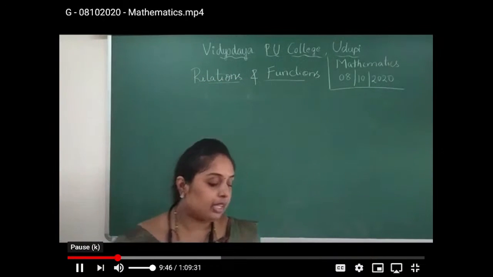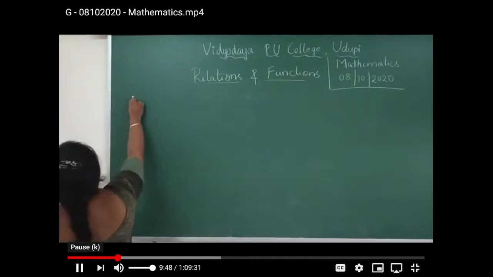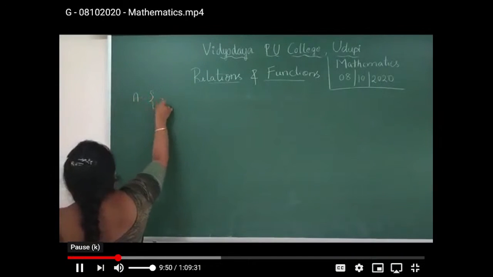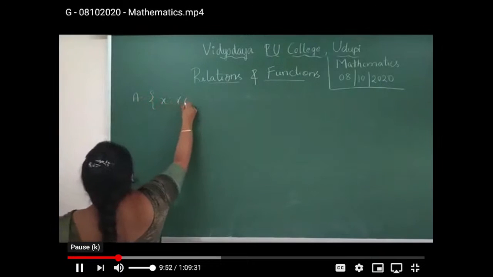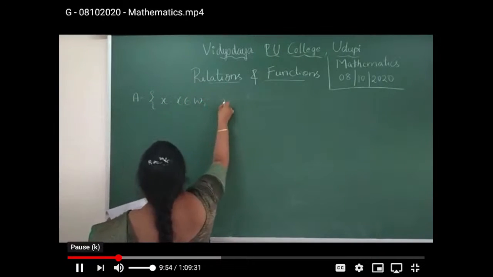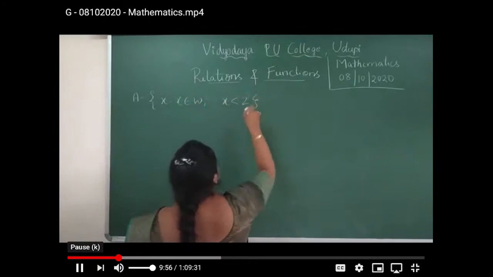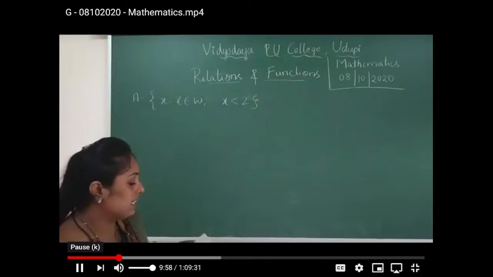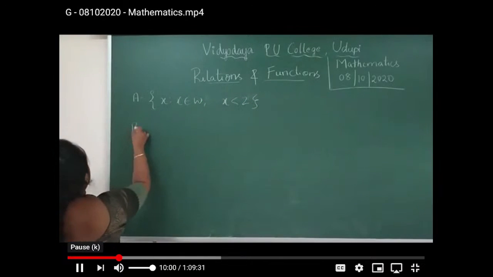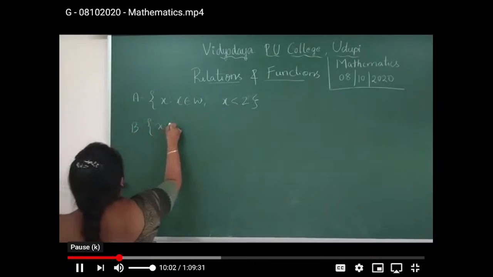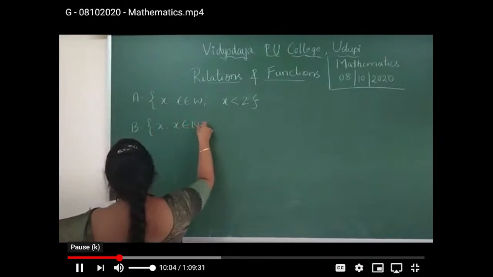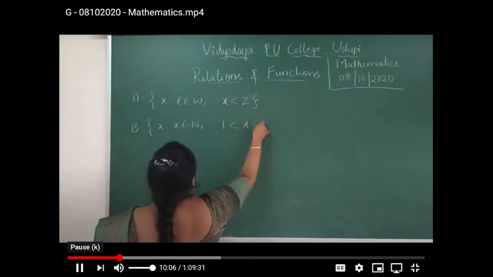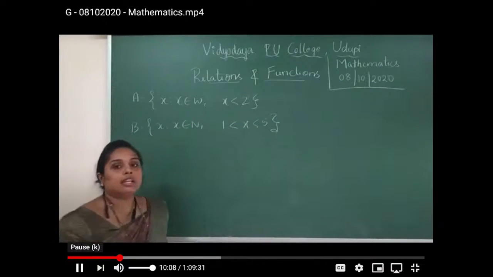Look at the third one. If A is equal to x such that x belongs to whole number and x is less than 2. Set A is given. And set B is x such that x belongs to natural number and x lies between 1 and 5.